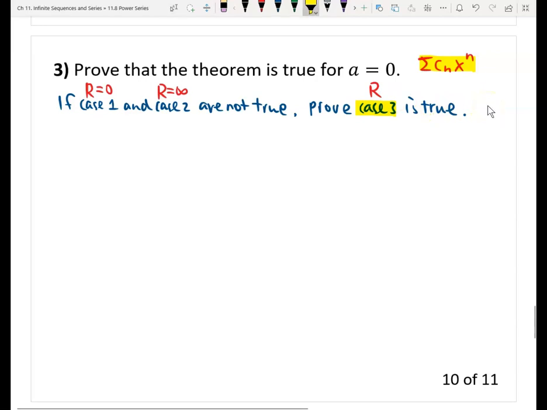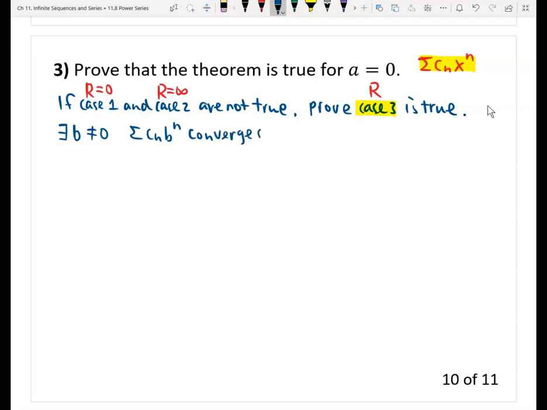Let's go from here. First, because case 1 is not true, the series does not converge only at 0. Therefore, we have a b not equal to 0 such that the series converges, right?